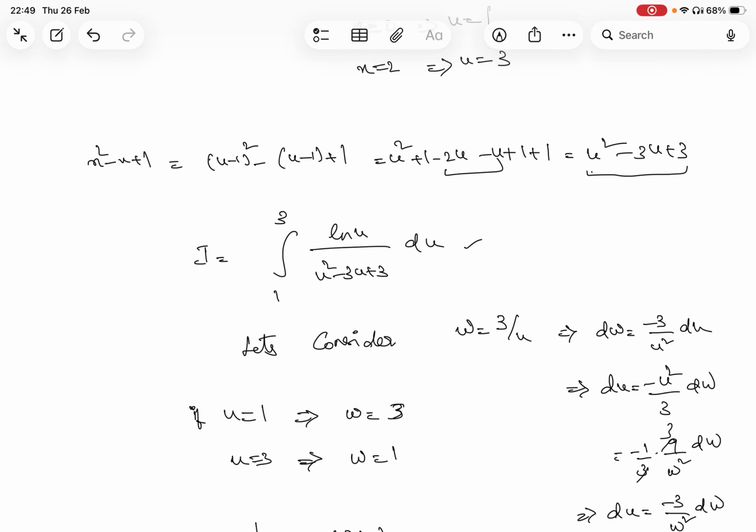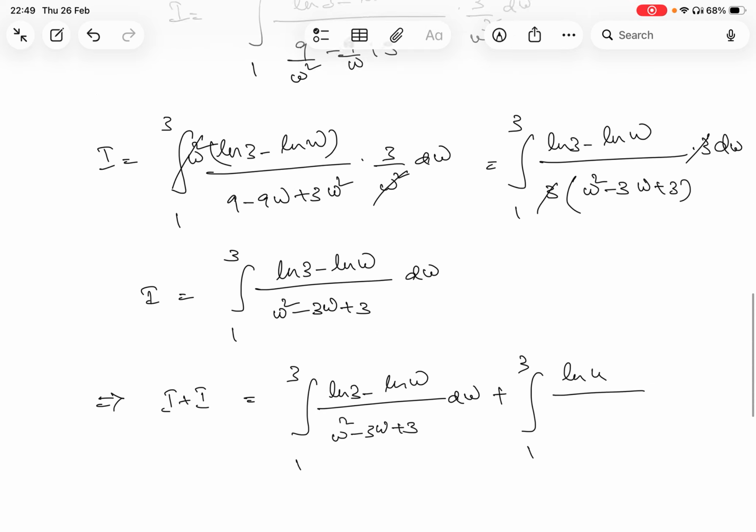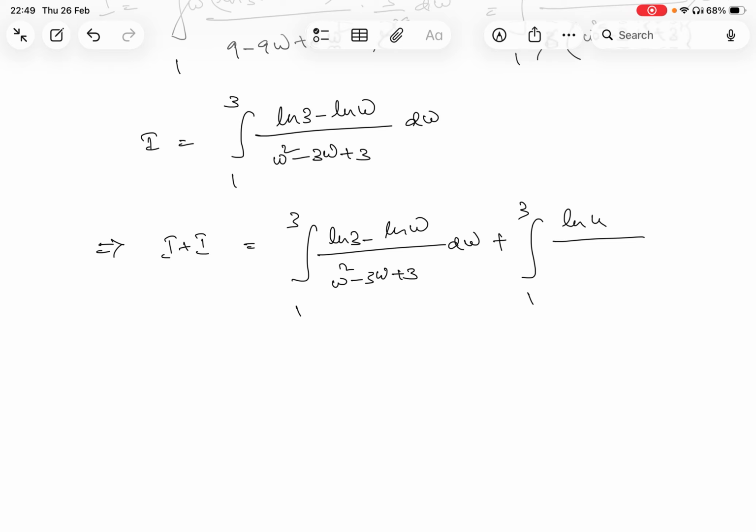As you can see, u is a dummy variable, so you can replace u with w here. This can be written as ln w divided by (w² − 3w + 3) dw. Fine. Then this becomes 2I equal to the integral from 1 to 3.